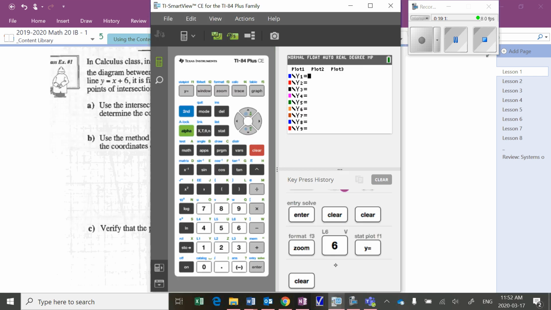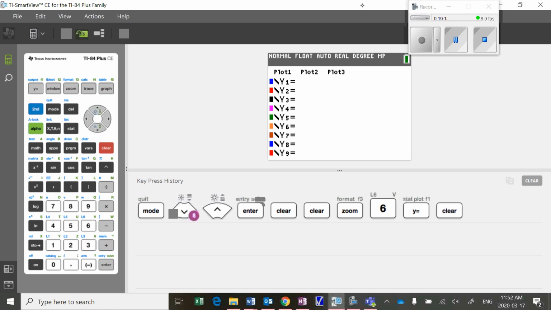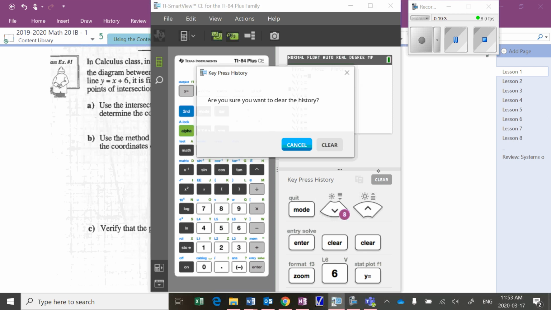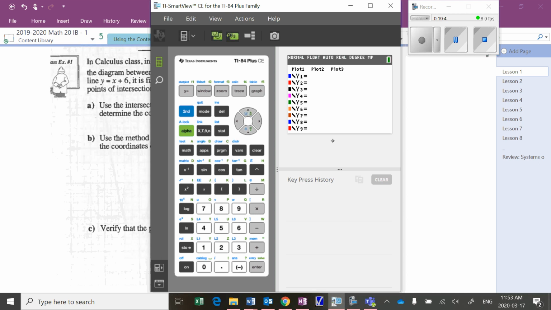The workbooks actually set this up really nicely for us, in that they've already isolated y for us. That is one point that I forgot to mention when it comes to solving systems using graphing: obviously, we have to isolate y in order to enter the equations into our graphing calculators. So we need to graph both of these, and it doesn't really matter the order.